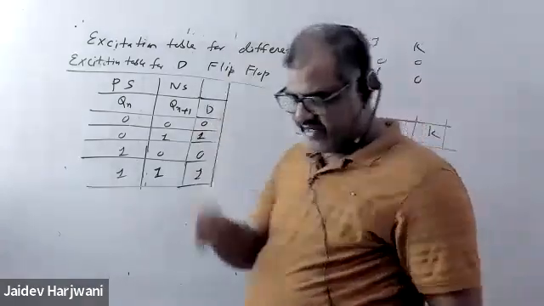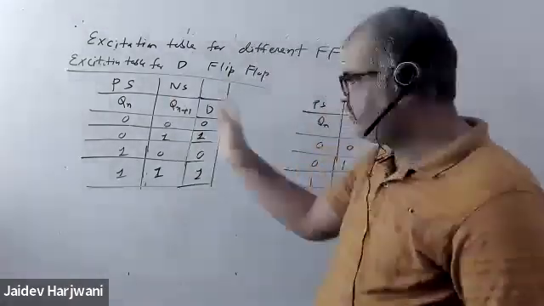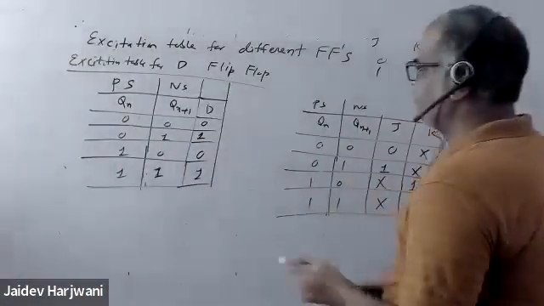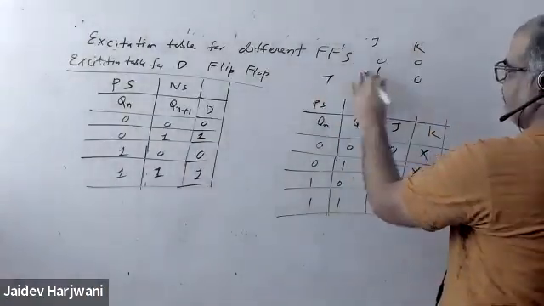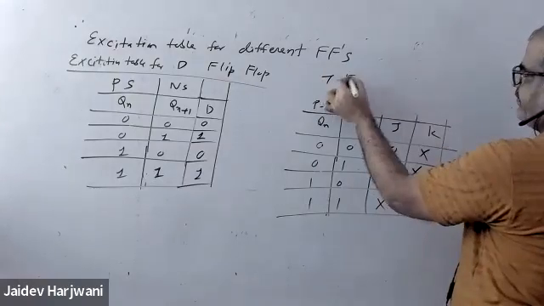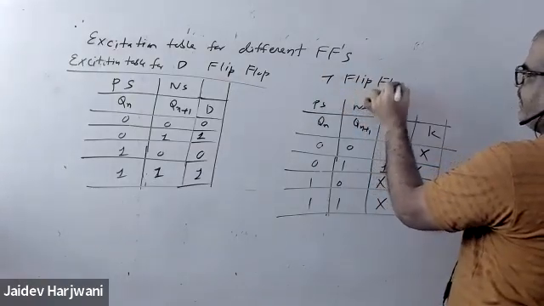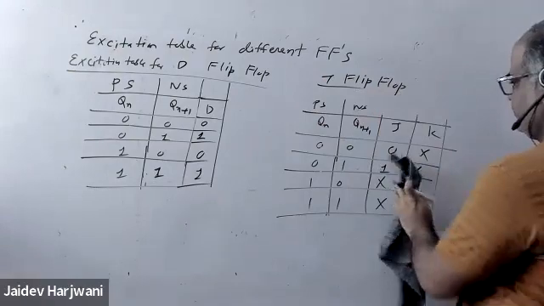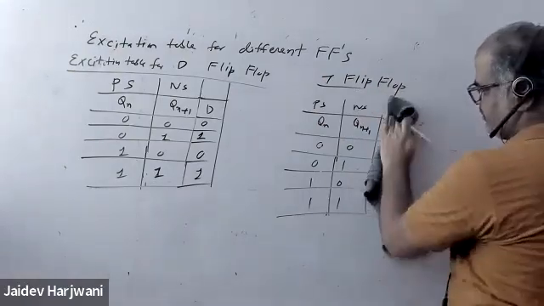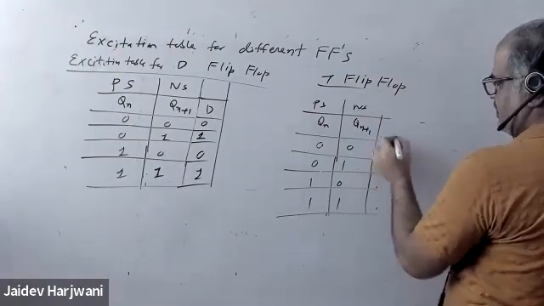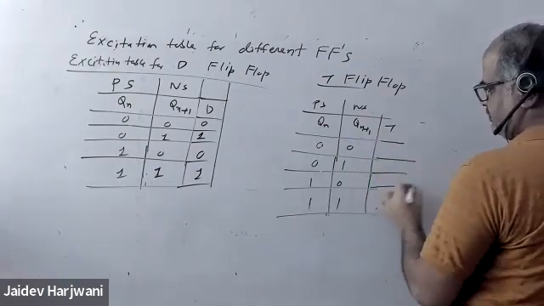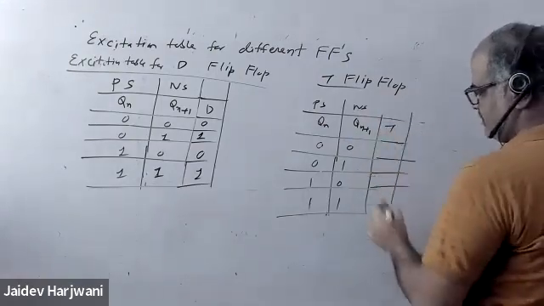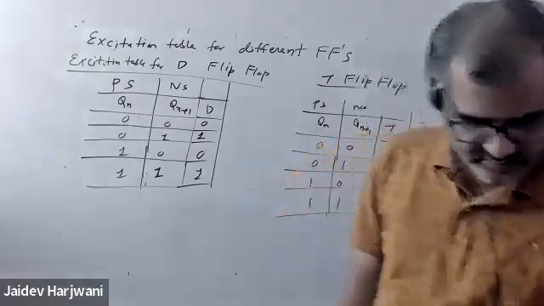So already I have made a truth table for all these things. From there you can check and identify. Now similarly for T flip flop. So in T flip flop, what is the table?